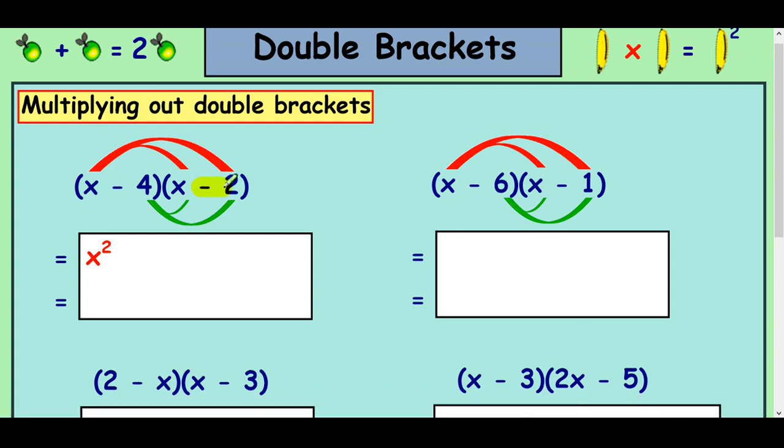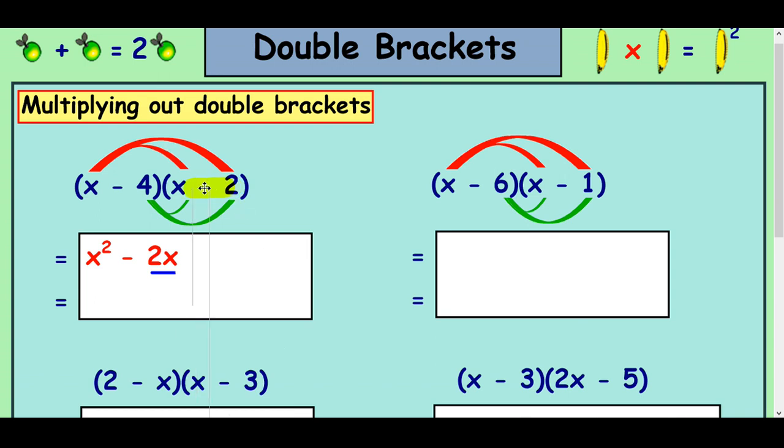So the sign comes before whatever you're dealing with. The reason that x is positive is because there's no sign in front of it, which implies a positive. So this 2 has got a negative in front of it, so we treat it as a negative 2. So when you're doing x times negative 2, that's negative 2x instead of positive 2x.